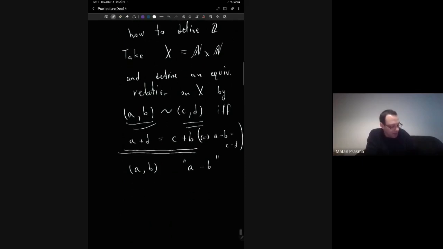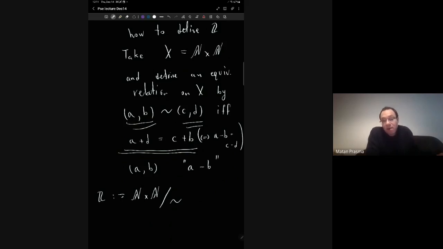And if I take this modulo the equivalence relation, in the foundations of mathematics this is simply defined to be the integers.